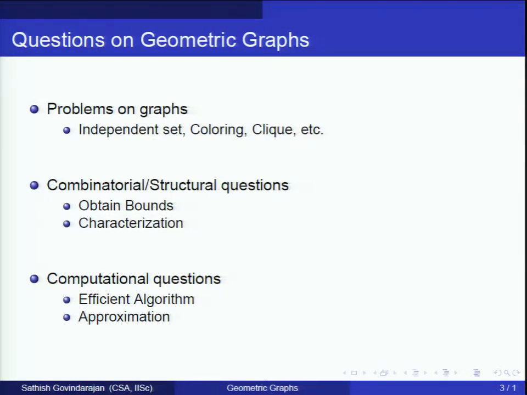Certain problems are called inherently hard. I don't know if you have already seen things like NP and so on. If you have not, you will probably see it soon. For such problems, you might want to come up with approximation algorithms. So these are the types of questions which people typically ask on graphs in general, and you can ask them on geometric graphs also.